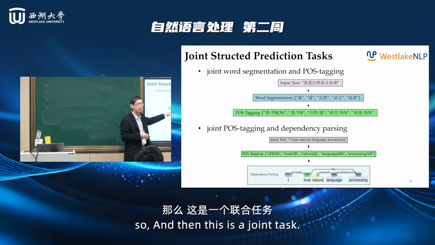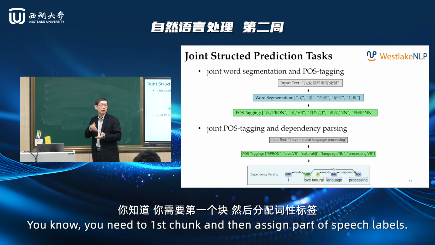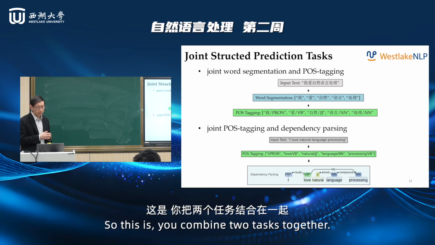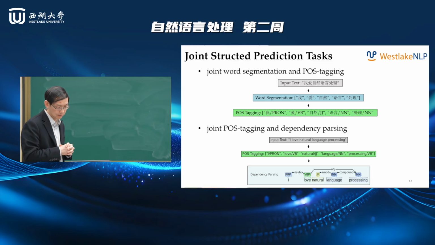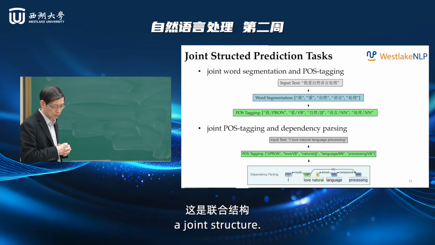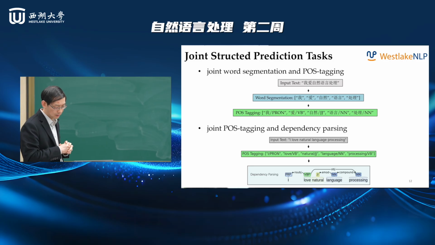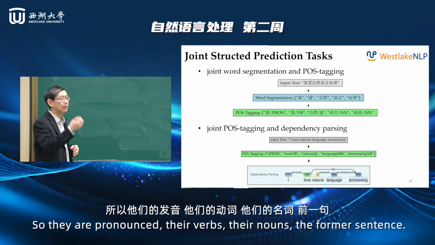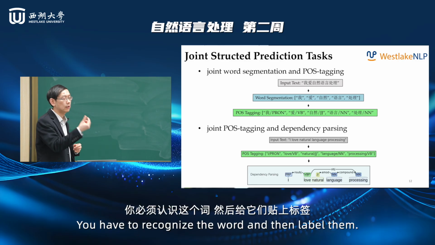This is a joint task. You need to first chunk and then assign part of speech labels. You combine two tasks together, a joint structure. I love natural language processing: there are pronouns, verbs, and nouns, and they form a sentence. You have to recognize the words and then label them.